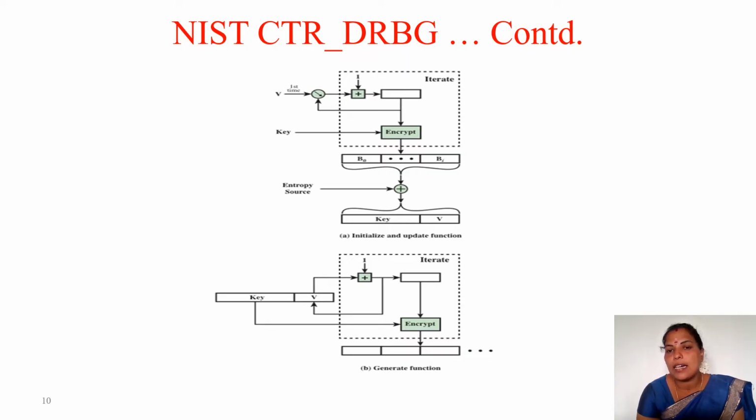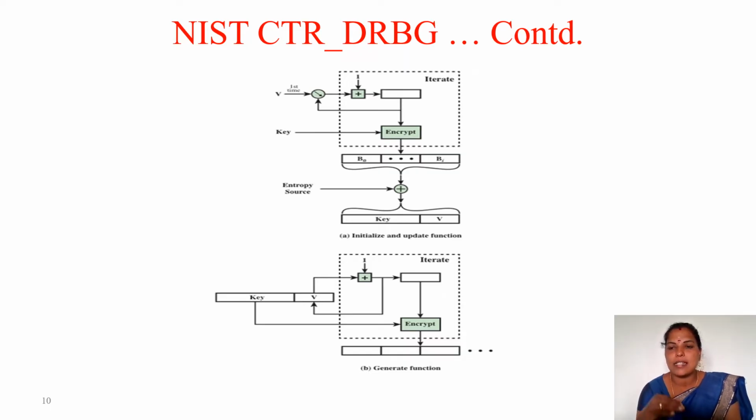In it, we have a seed value V, that is the counter, and the key K. Here the counter is incremented by 1, always. Likewise, we iterate this process and get a value. Then that is XORed with the entropy source. Then we get a key value as well as the counter value V. This counter value is used in the next stage. Likewise, it goes on. This is about the initialize and update function. The next is generate.